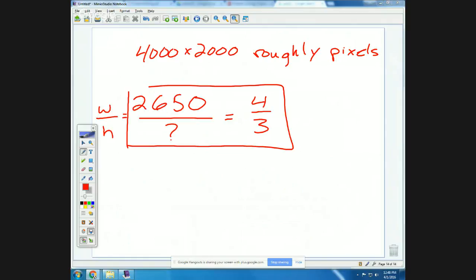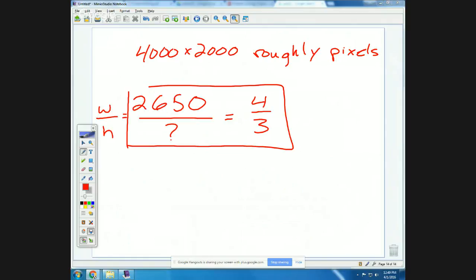Okay, so let's see. What does it say about my phone? Camera. It does not say here. Let's go back and search again. What do I want to know?